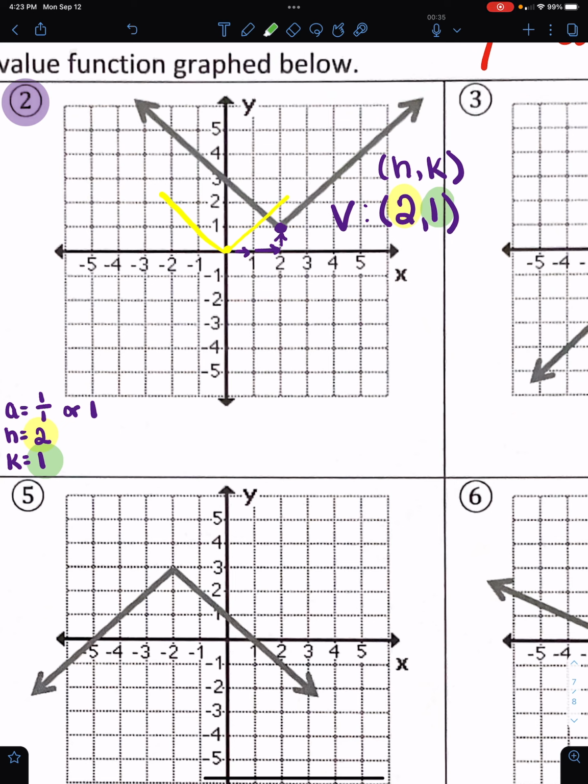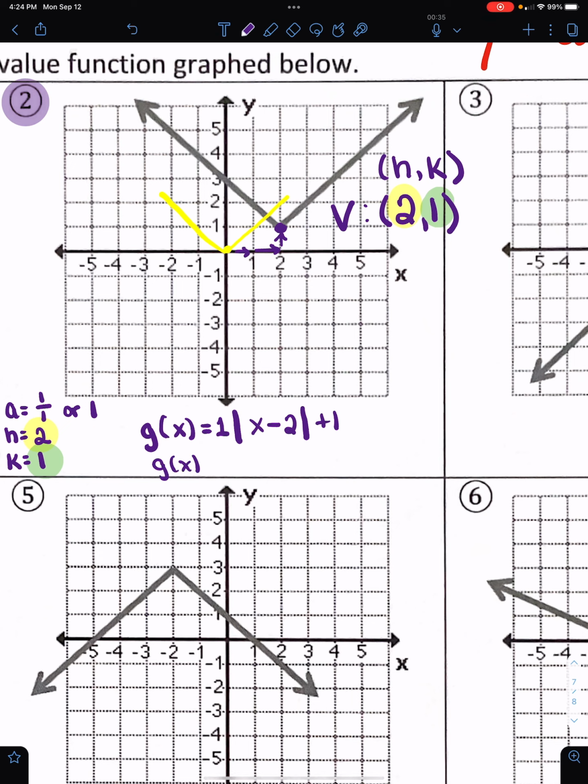Okay, so now when I'm writing my equation, I have g of x is equal to, the a value is 1. I only need to write it if it's something other than 1. Okay, but I'm going to go ahead for this and then I'll simplify. 1 absolute value of x minus 2, because it's the opposite h value, plus 1.